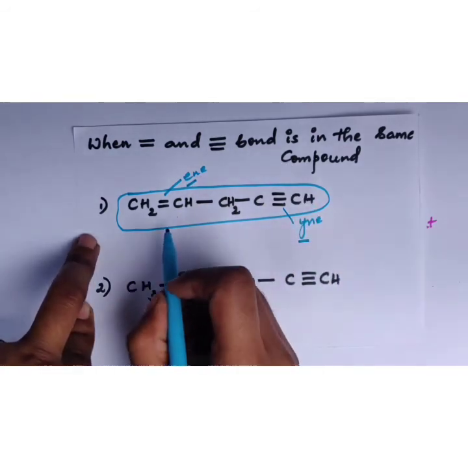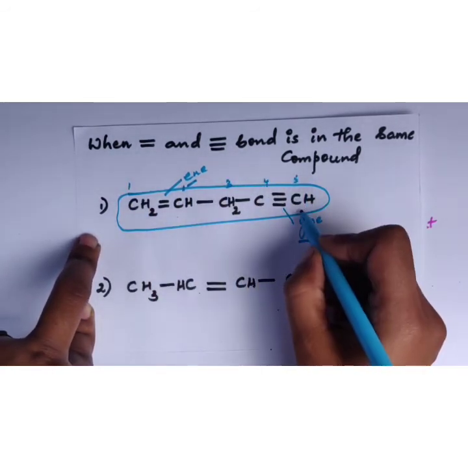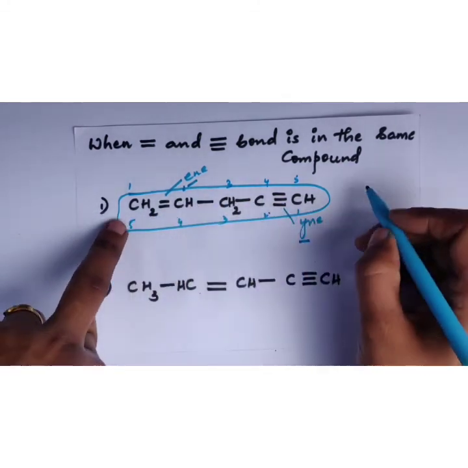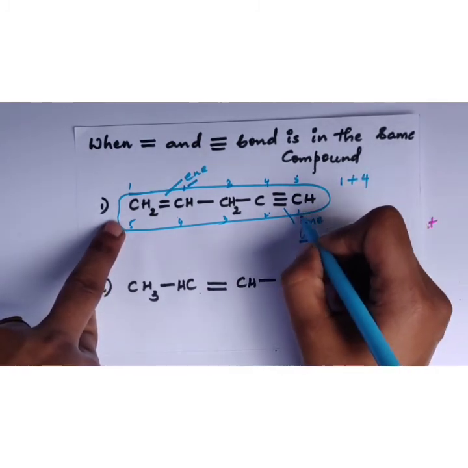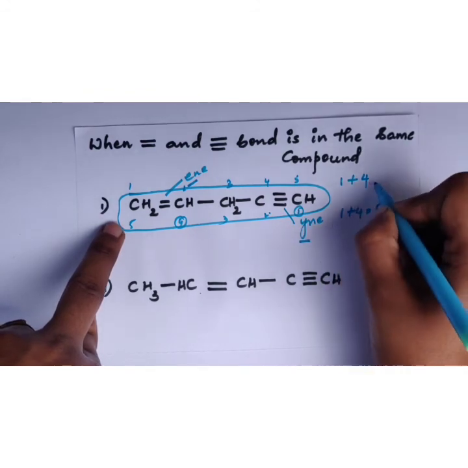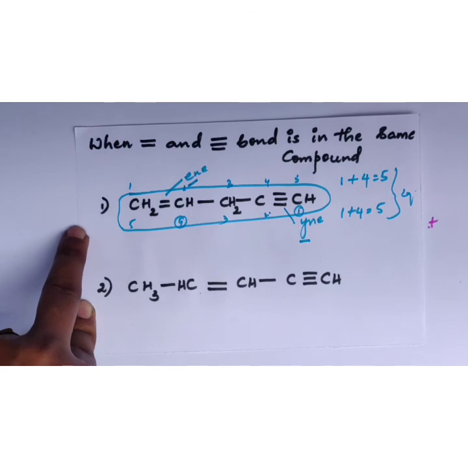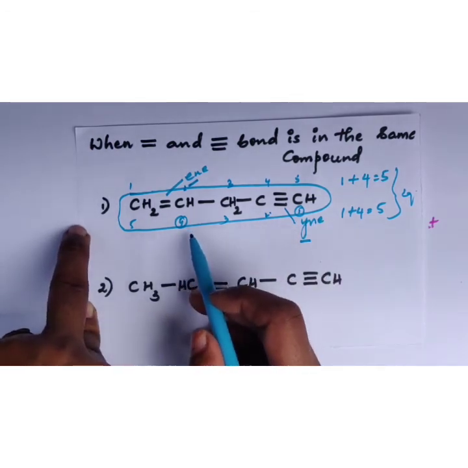So here, 1, 2, 3, 4, 5. If you number it from the other side, 1, 2, 3, 4, 5. So look into the total: 1 plus 4 here, and 1 plus 4 there. So it is 5, here also 5, so it's equal. When it is equal, I told you the numbering will be according to the alphabetical order.